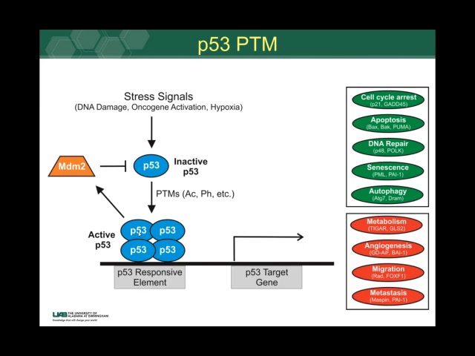All right, so this is P53. Let's talk about P53 post-translational modification. When you do post-translational modification of P53, you can actually alter its function so that it will either cause cell arrest, apoptosis, DNA repair, senescence, and autophagy, or it can also inhibit metabolism, angiogenesis, migration, and metastasis.